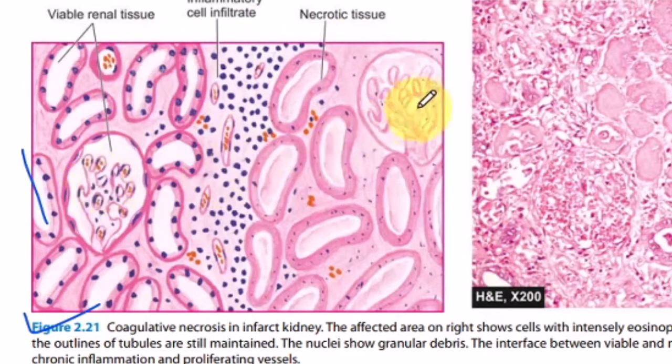But in the necrotic part, you can recognize the glomerular capillary architecture, that it's a glomerulus, but the cell size is slightly increased because of increased fluid accumulation inside. Here you can also see inflammatory cells, polymorphonuclear cells as well as macrophages, coming here. So the damage to the tissue has occurred. We can clearly see the normal part and this is the necrosed part.